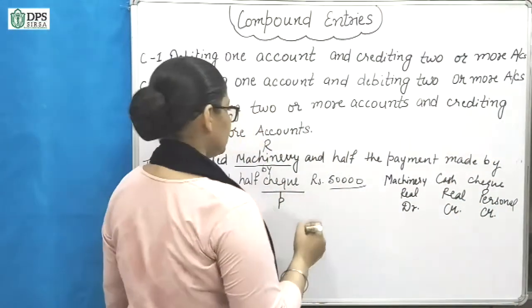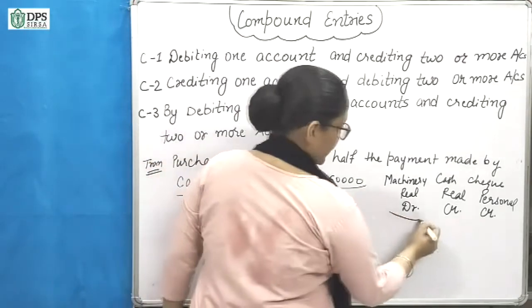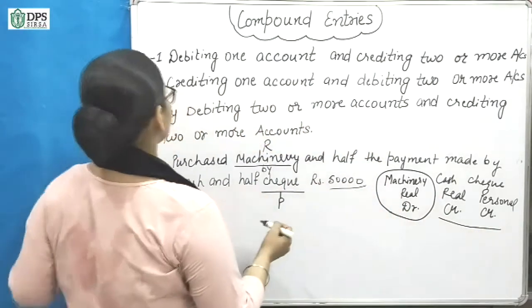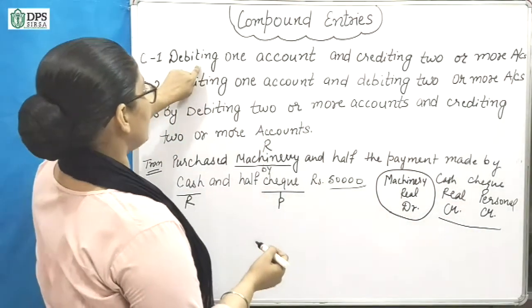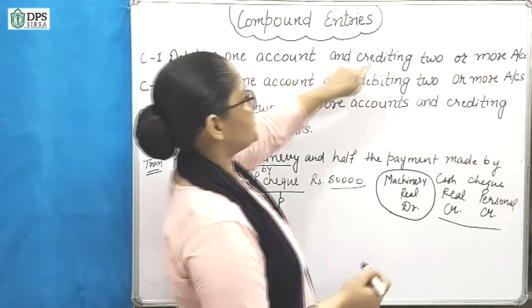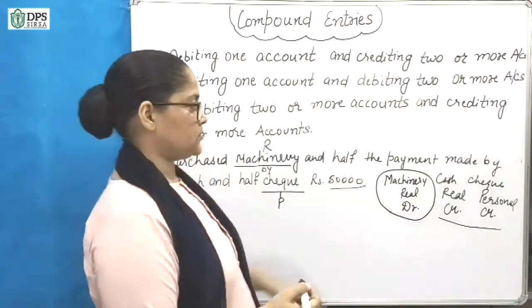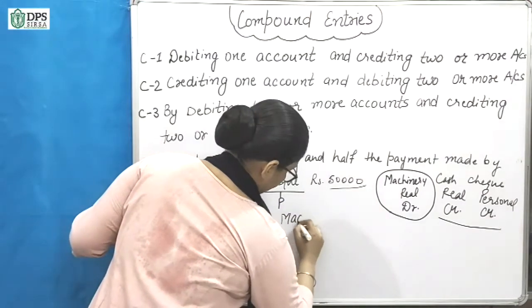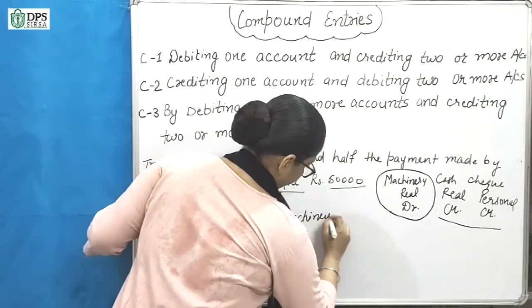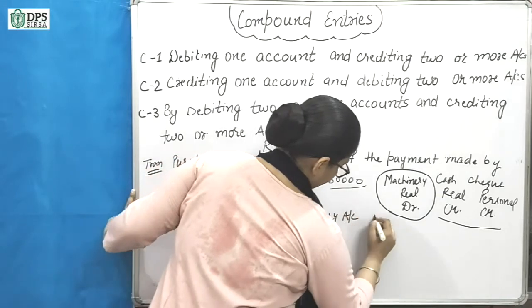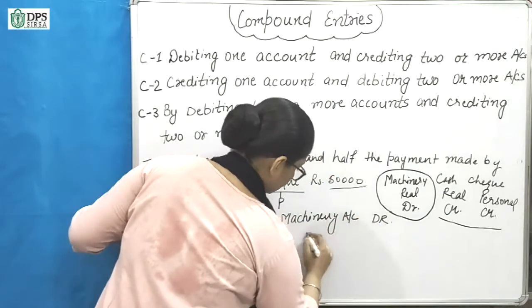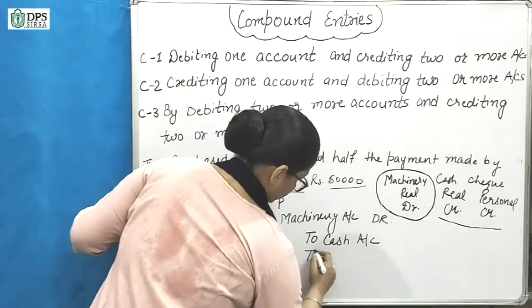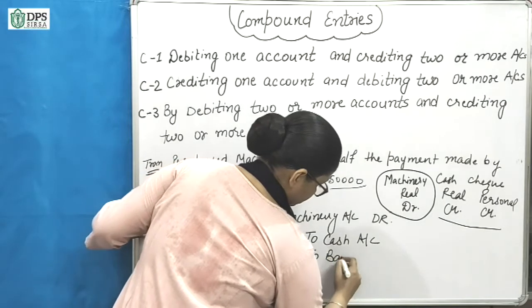Now the entry will be here one account is debited and other two are credited. The case is here, case 1, debiting one account and crediting two or more accounts. So we will make the entry machinery account debit to cash account to bank account.